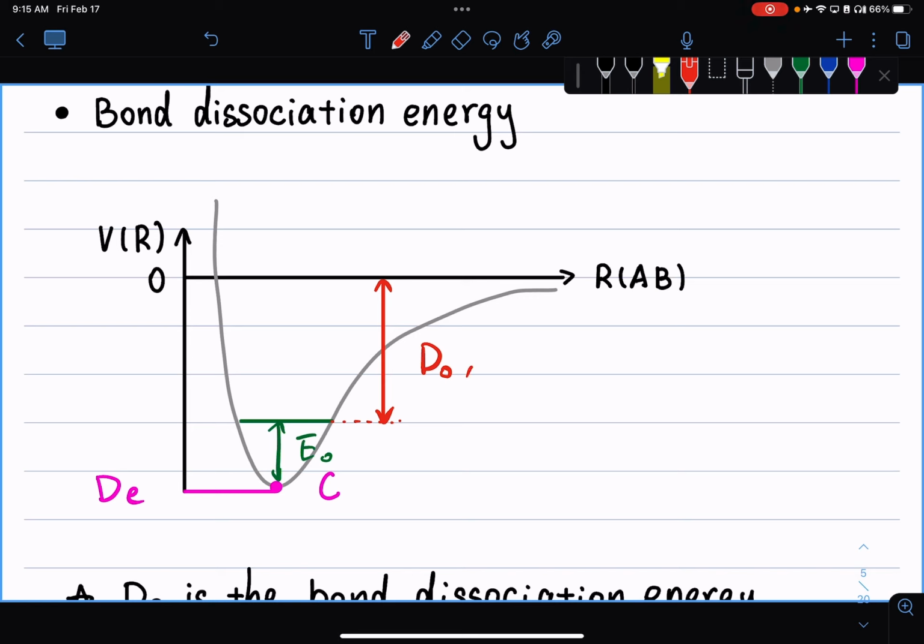D0 is the experimentally measured bond dissociation energy.